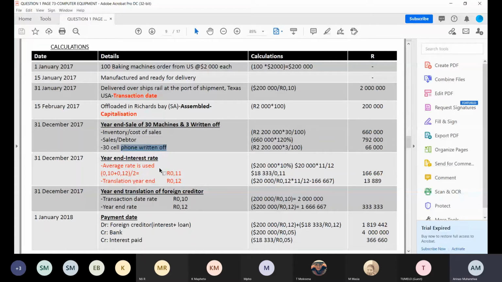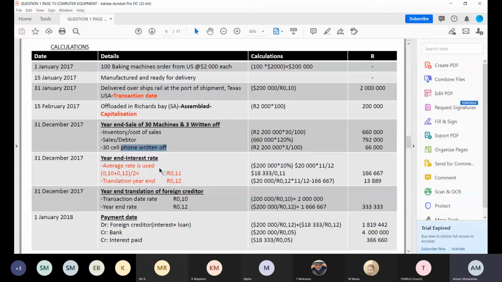On 31st of December, because at this point we have paid the amount that we are owing, we need to check whether we've made a gain or loss on the loan amount, on the actual amount from the beginning. Above, we're talking about the interest. Here, we're talking about the actual amount that we loaned for this inventory.